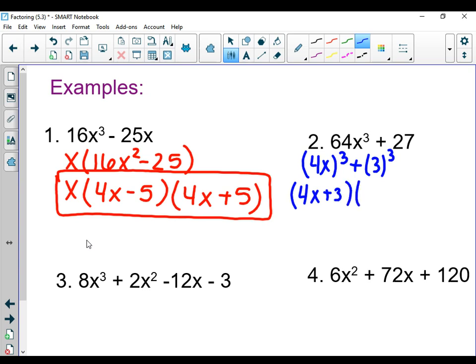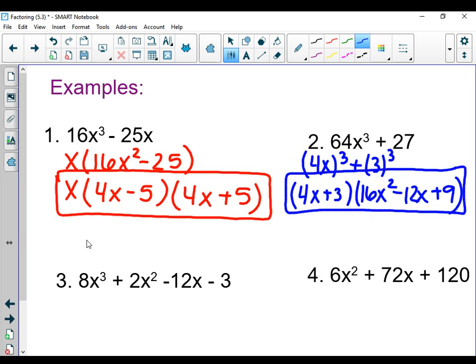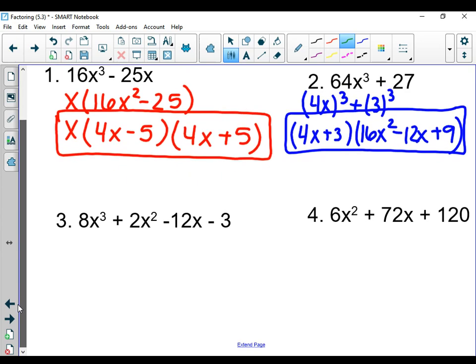And then 16x squared minus 12x plus 9. Okay.